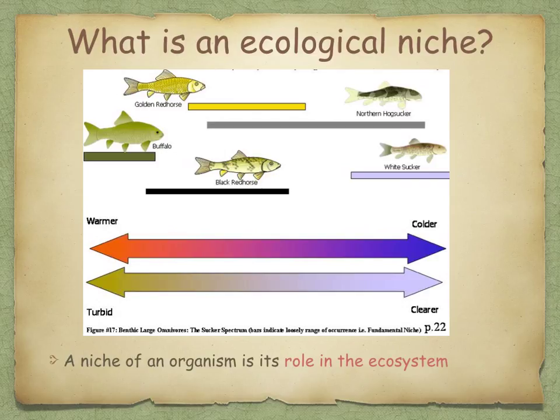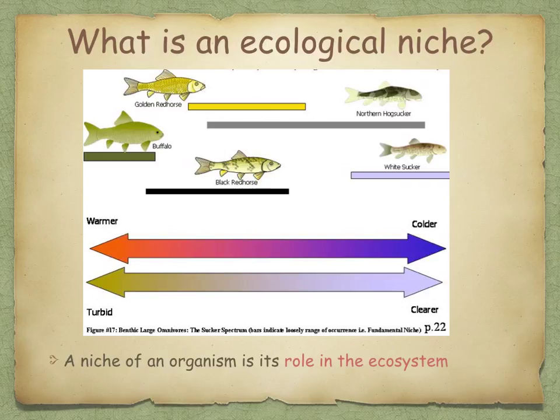There's another term, ecological niche. So an ecological niche is the role of an organism in the ecosystem. So this is all the ranges of environmental conditions and resources required for an organism to survive, reproduce, and maintain its population.